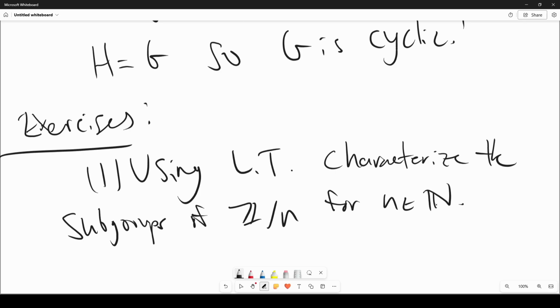So think about how you would do this. What I mean by characterize is, if I give you any n, you can tell me exactly what subgroups Z mod n has. Think about what Lagrange's theorem tells you about what those subgroups can be, like what their size can be, and then check if those sizes are possible.